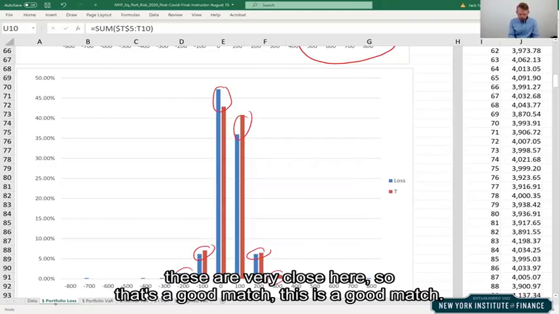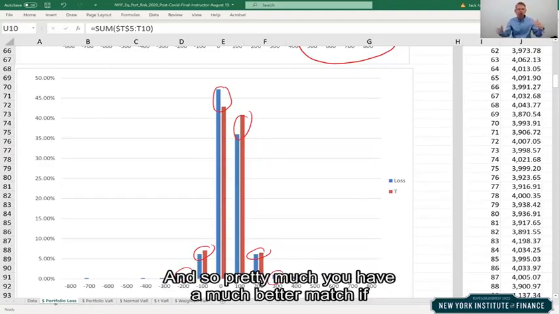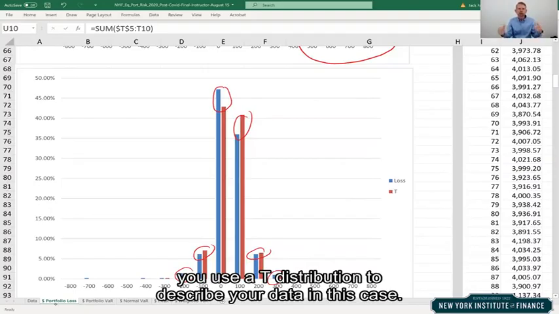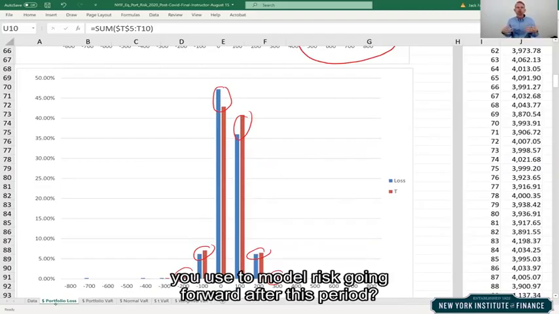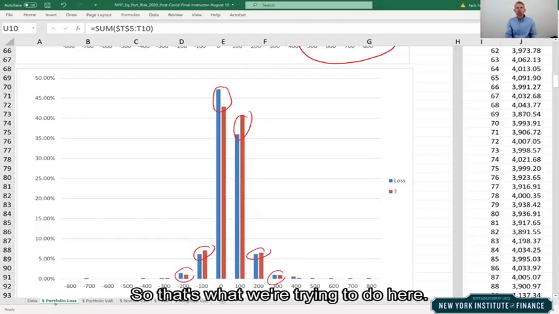This is a good match. And so you have a much better match if you use a t distribution to describe your data in this case. Now, what I'm saying is, what model would you use to model risk going forward after this period? So that's what we're trying to do here.